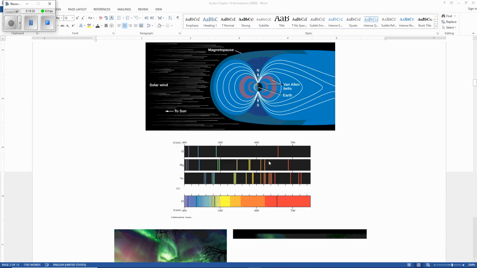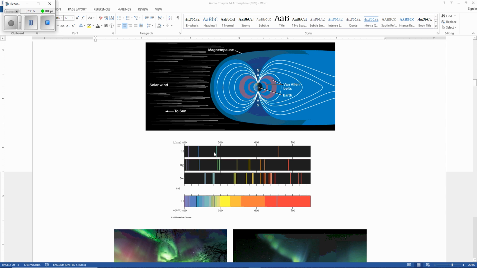Remember what happens when electrons go up and down to different energy levels. We studied that in chapter 9. They're going to give off light, right? This is hydrogen, and this is neon.